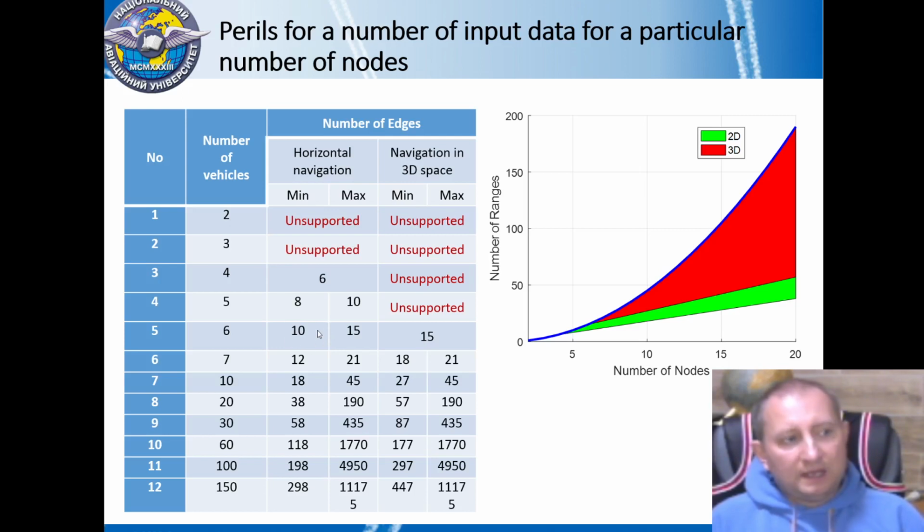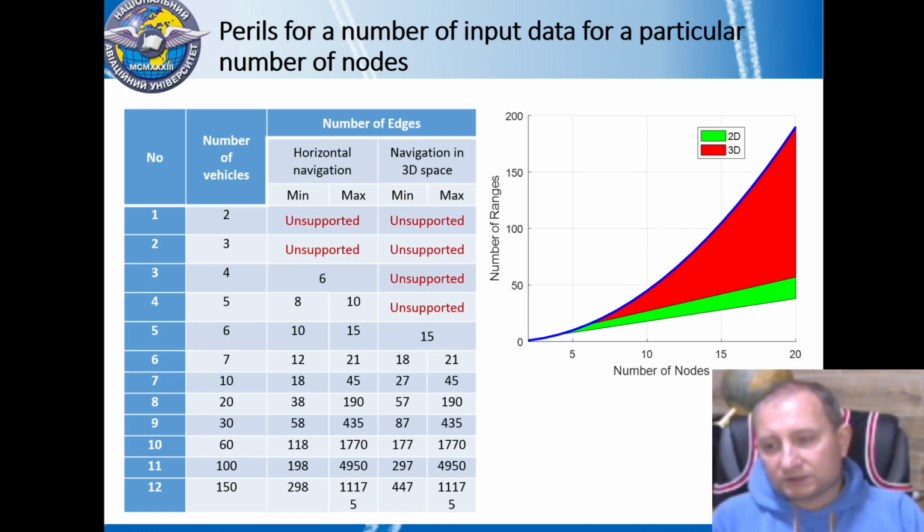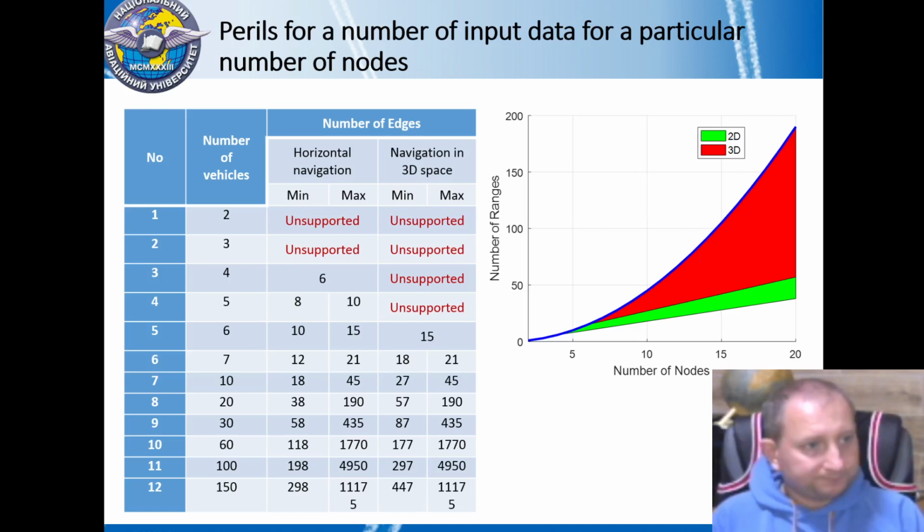That's why from 10 to 15 measured distances, we need to know to count coordinates of each vehicle in our formation relative to some reference frame, which we think is located at coordinates 0, 0.